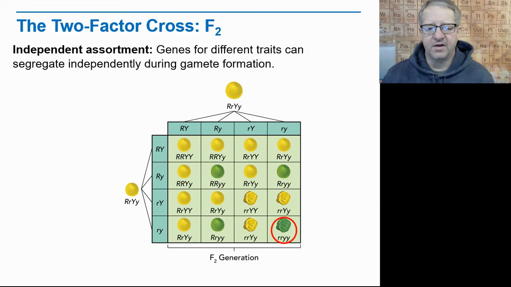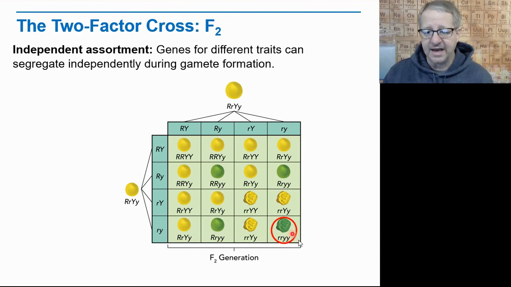Well, if you found the little guy down here in the bottom corner, you would be correct. How many different phenotypes are present in the offspring of the F2 generation? Well, there are actually 4 different phenotypes.